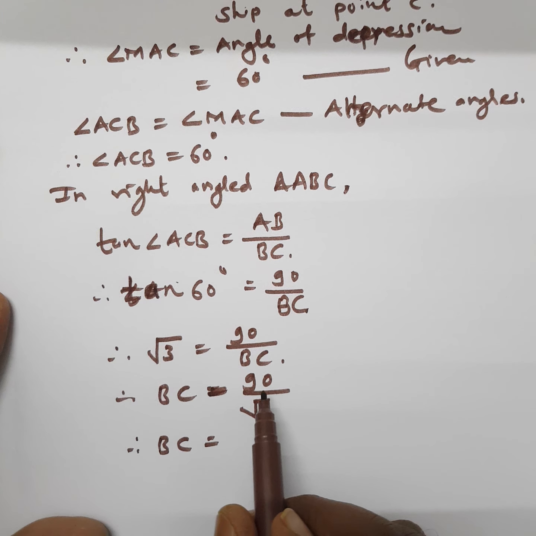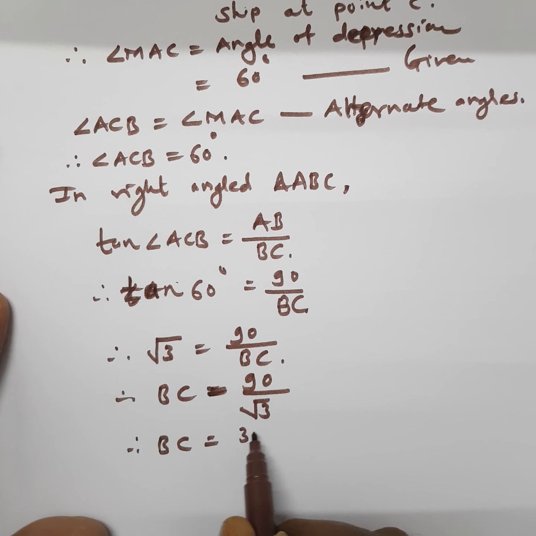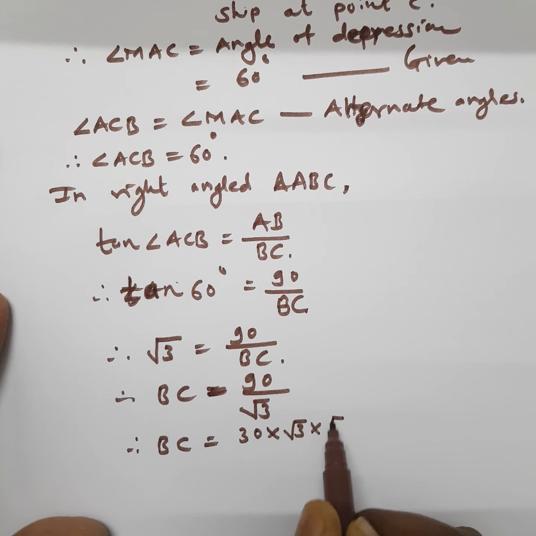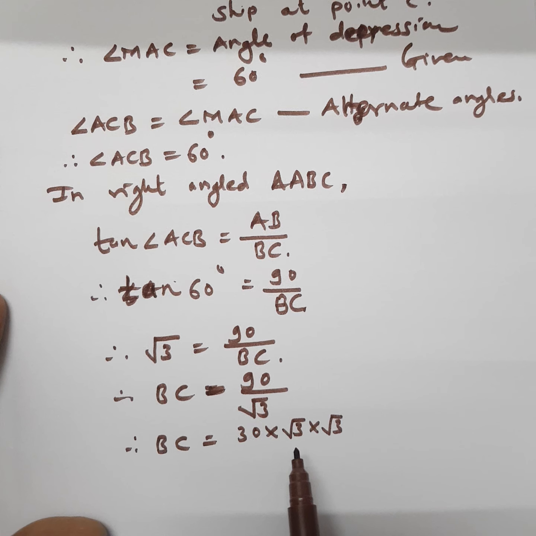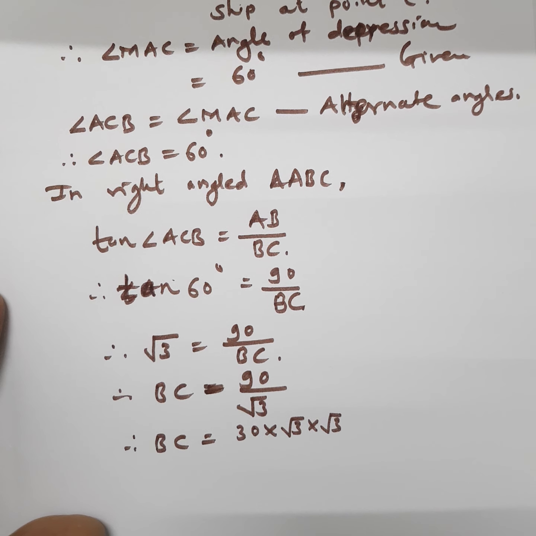We can split 90 as 30 into 3 and 3 as root 3 into root 3. Therefore, we can write 90 as 30 into root 3 into root 3.